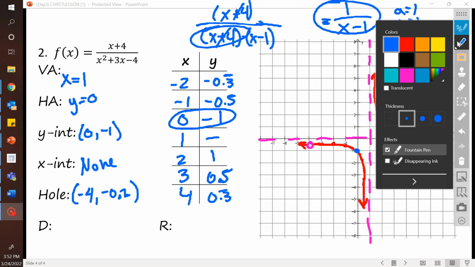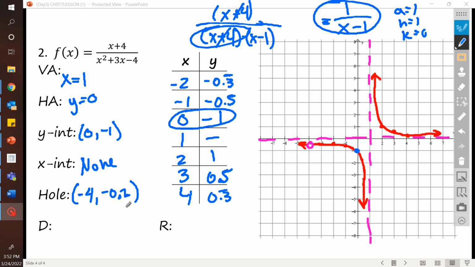So something like that. That is also going to affect our domain, because our domain is usually everything except for the vertical asymptote. But now it's everything except for the vertical asymptote, and also there's no x value at the hole either. So x cannot be 1, x cannot be negative 4. Those are restrictions on the domain.